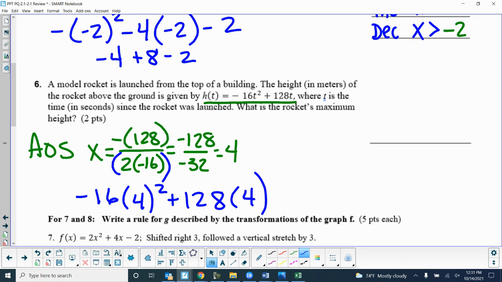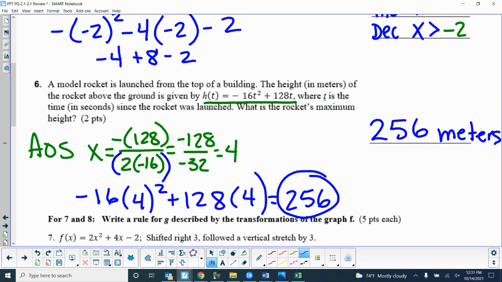And what's that come out to? 256 meters. So whatever that y value is of the vertex, that's the height of that rocket.